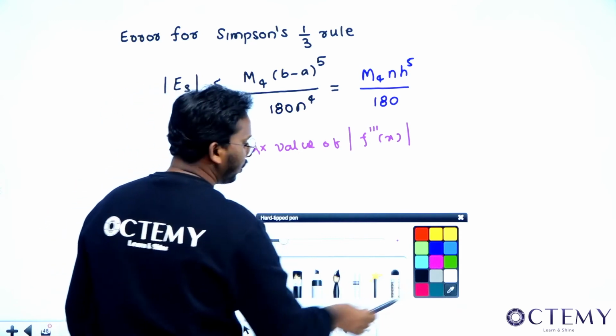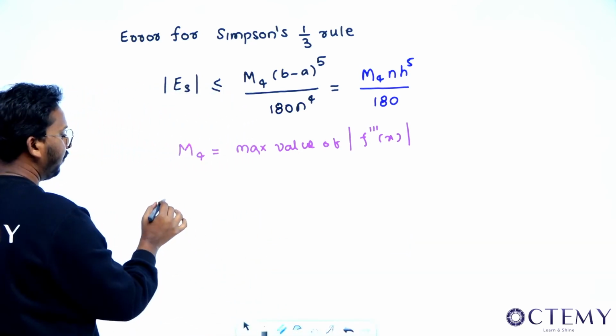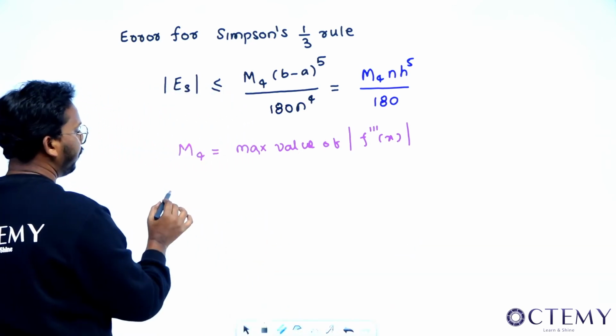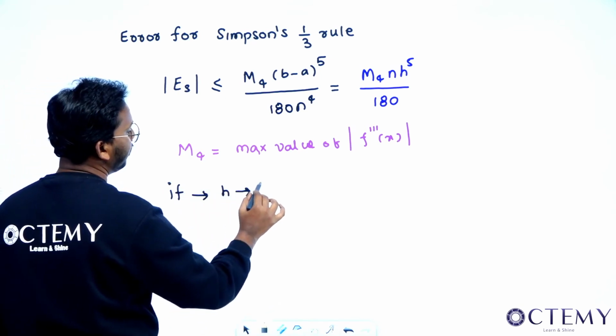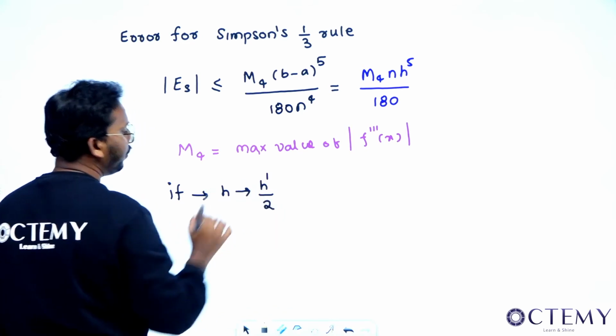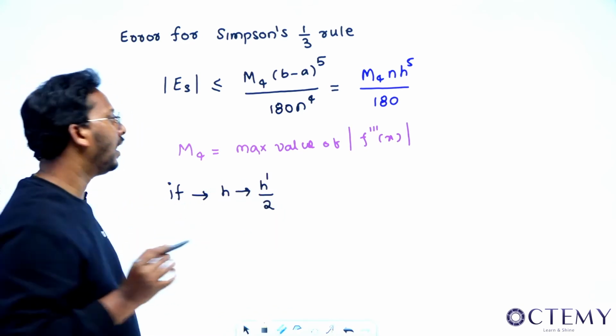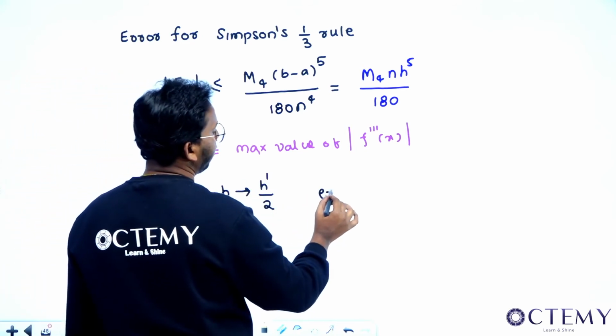So, if you observe one notable thing here: if h is replaced with h by 2, meaning if you divide the width by half, what will happen to the error, sir?